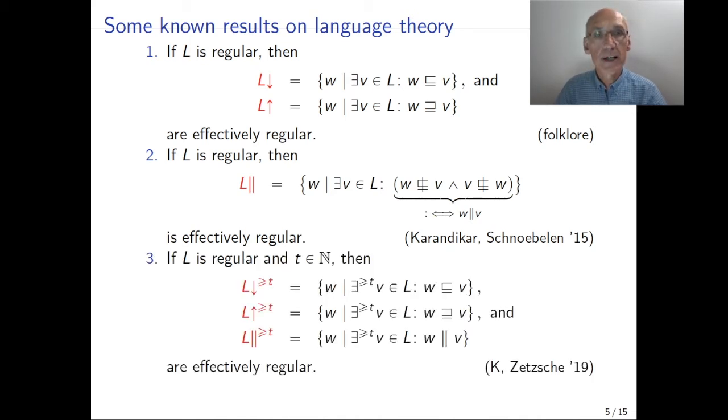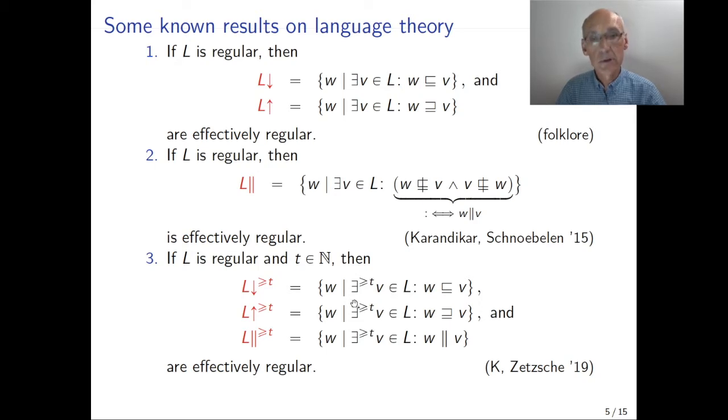Last year, Georg Zetzsche and myself generalized these three results. We didn't consider just the downward closure, but a threshold downward closure, where the difference is that we collect all words W that have at least T many superwords in L. So not just one, but at least T many.